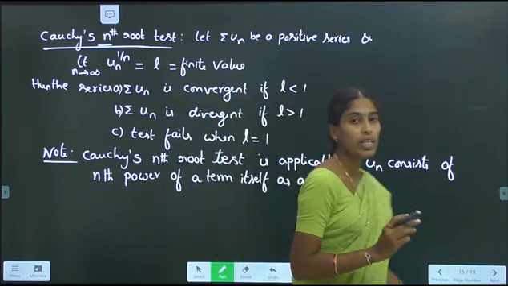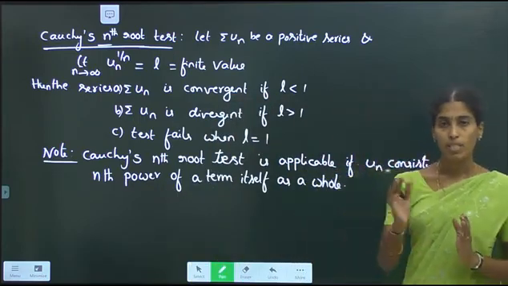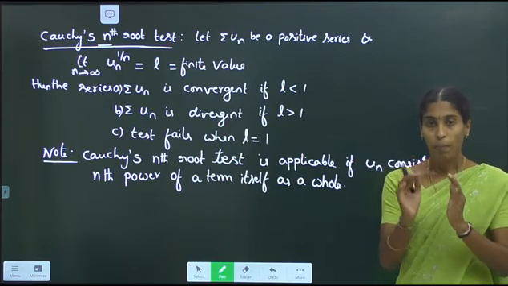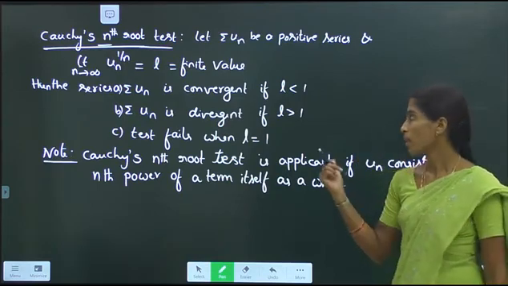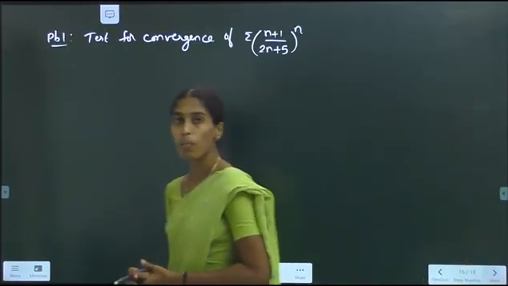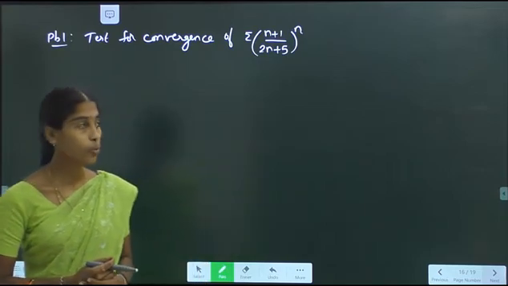That is, un is equal to some x plus 3 by x plus 2 whole to the power n. Some power n is there, then we apply this Cauchy's nth root test, right? Now we see the problems on this Cauchy's nth root test.